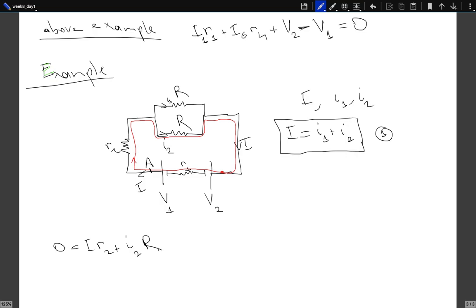What is the potential drop as I go from this point to that point? V2 or minus V2? It's just V2 because we are in the positive side, which is at a higher potential, and we go to the negative terminal, which is at the lower potential. So there's a drop of V2.